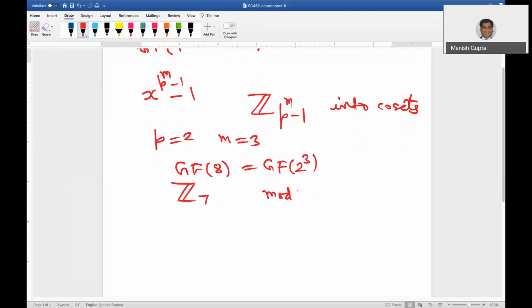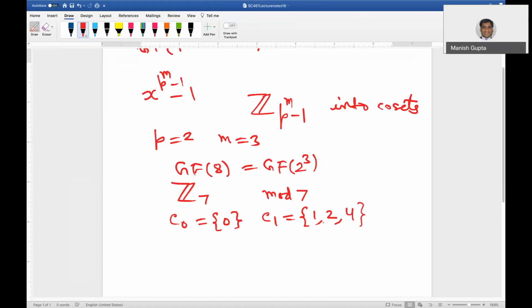Cyclotomic coset C0 will be the singleton 0. You multiply it with 2, which is a prime, and you again get the same thing. The next one is C1. You take 1, multiply with 2, modulo 7 it remains 2. Then multiply with 2 again, it will be 4. Now you multiply with 2 modulo 7, you get 1.